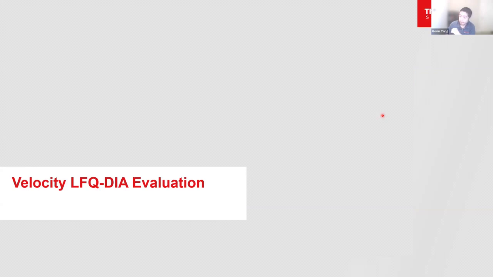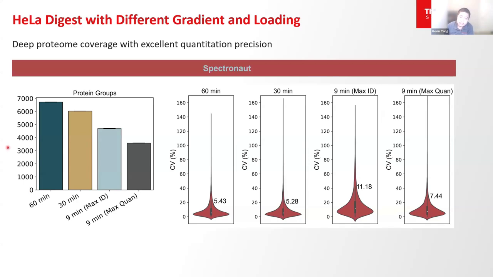So we talked about the sample we're going to run and the LC-MS setup. Now let's look at the data of our Orbitrap Astral LFQ DIA workflow. First is the HeLa digest, 200 nanogram of HeLa digest with different throughputs. We have 60 minutes, 30 minutes, 9 minutes with max identification and max quantitation.